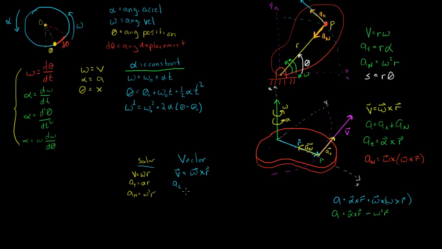Our tangential acceleration is equal to the angular acceleration crossed with the position vector. And we have a normal acceleration that is equal to minus omega squared, so minus the angular velocity squared times the position vector. And one important thing to note is this omega squared right here is not a vector, it's a scalar. So this right here is a scalar, not a vector.